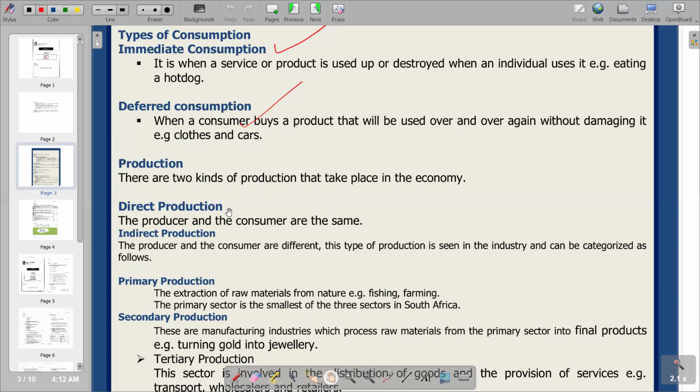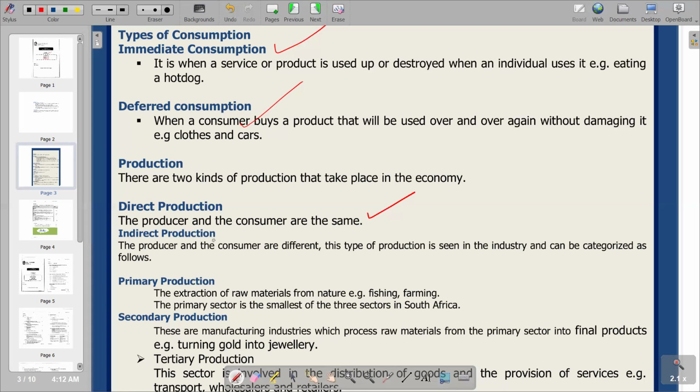So when you produce using your own efforts and you are producing for yourself, it is direct production. The explanation is that the producer and the consumer are the same. You are the producer and the consumer, so they are the same. So basically, that's what we have for direct production.